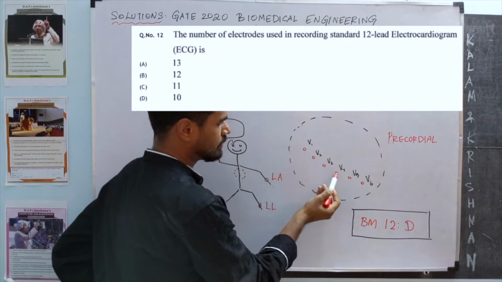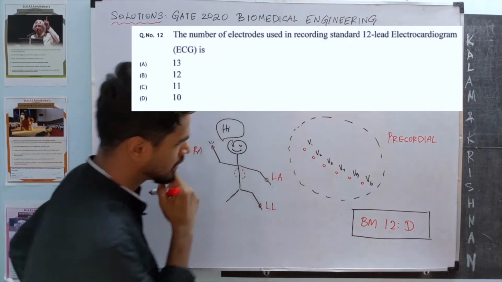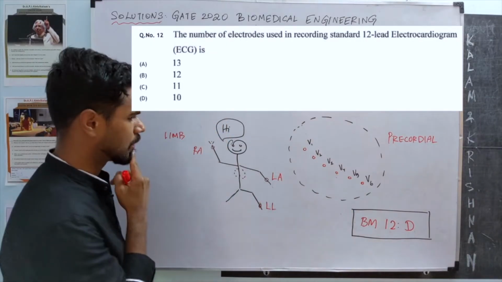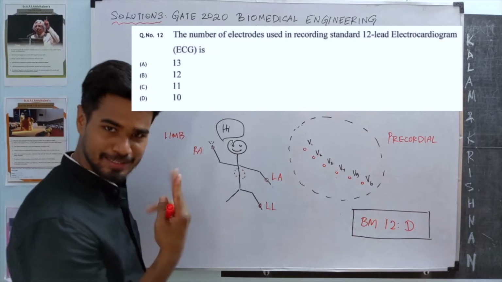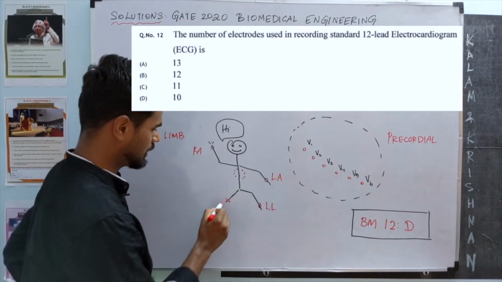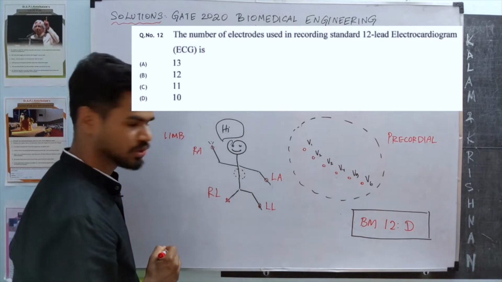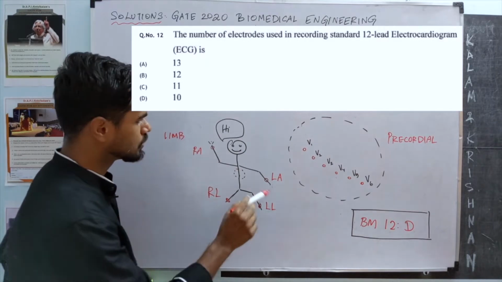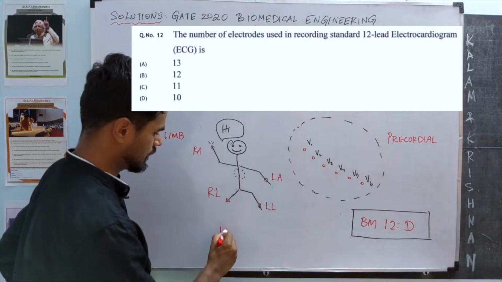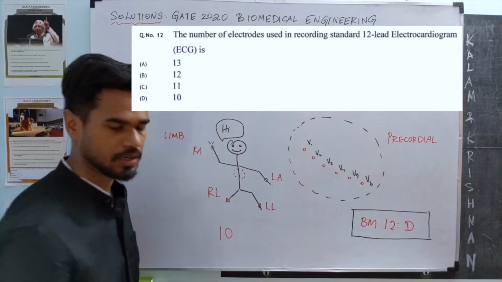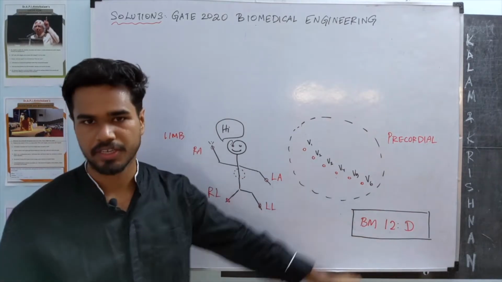V1, V2, V3, V4, V5, V6. So 6 plus 3, we get 9, and then there is one more. Usually there is an electrode on the right leg which is used as a ground. So in total we have 10 electrodes, and that corresponds to option D.